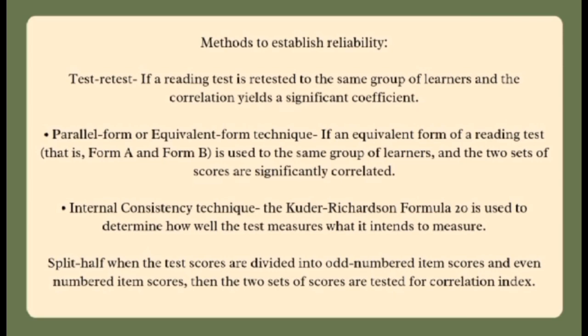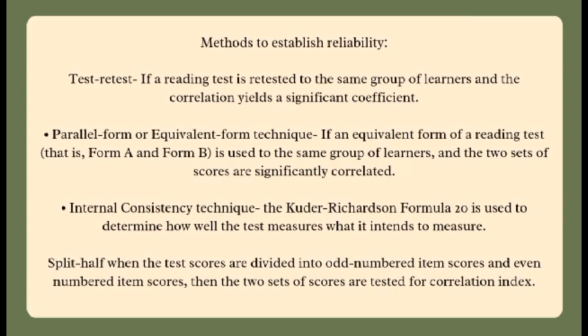For example, test-retest reliability: a group of students take a reading comprehension test, then after a week, but not long enough for significant learning to occur, they take the same test again. A high degree of correlation between the two sets of scores indicates high test-retest reliability. If scores vary widely between the two administrations, the test reliability is low.